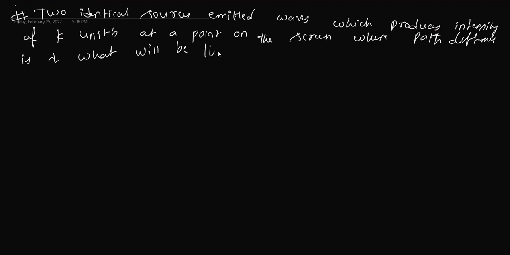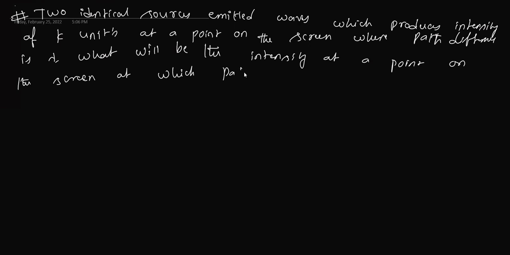What will be the intensity at a point on the screen at which the path difference is lambda by 4, which we are taking here.